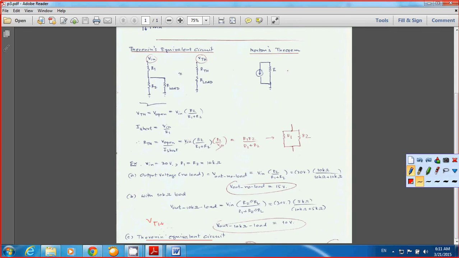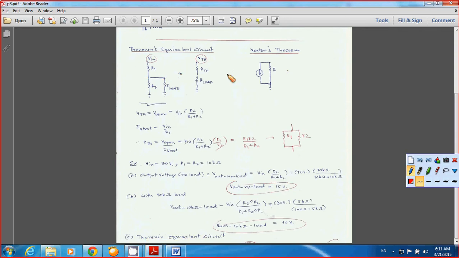Let's start with RTH. How do you find RTH? You open the circuit, which means you have no load here, so you just look for V out. V out is the same as V out no load, so it becomes 15 volts.